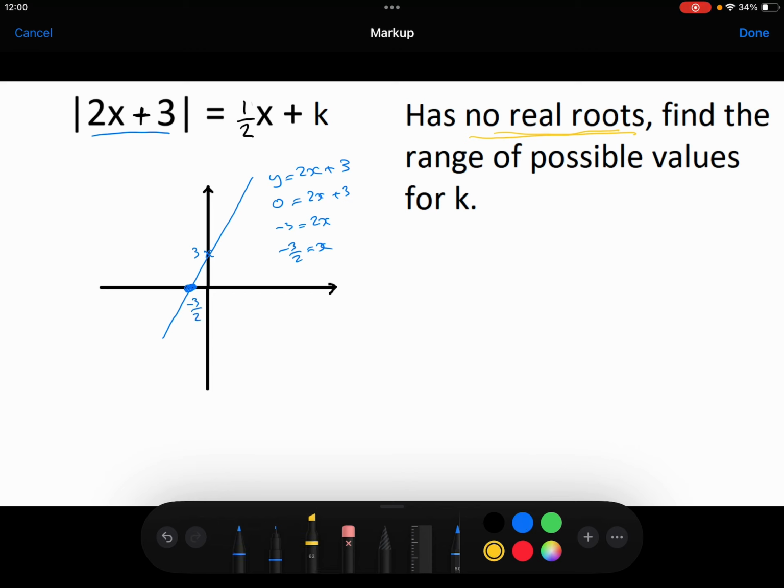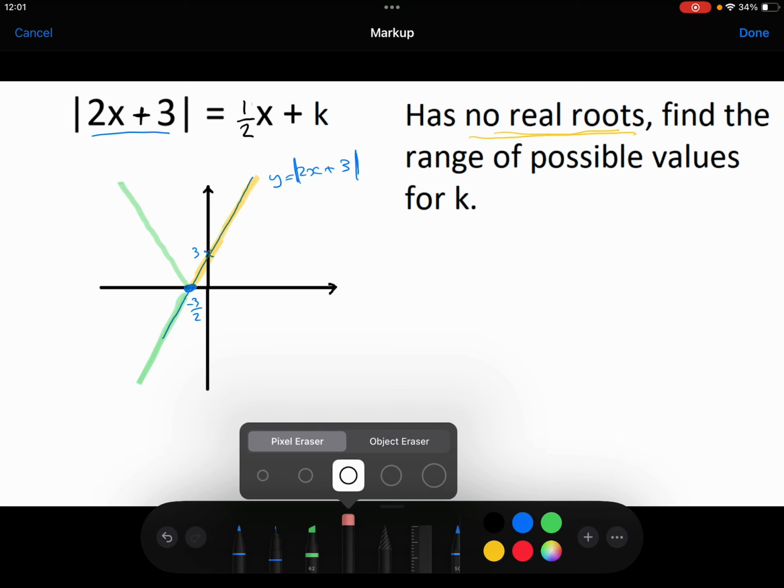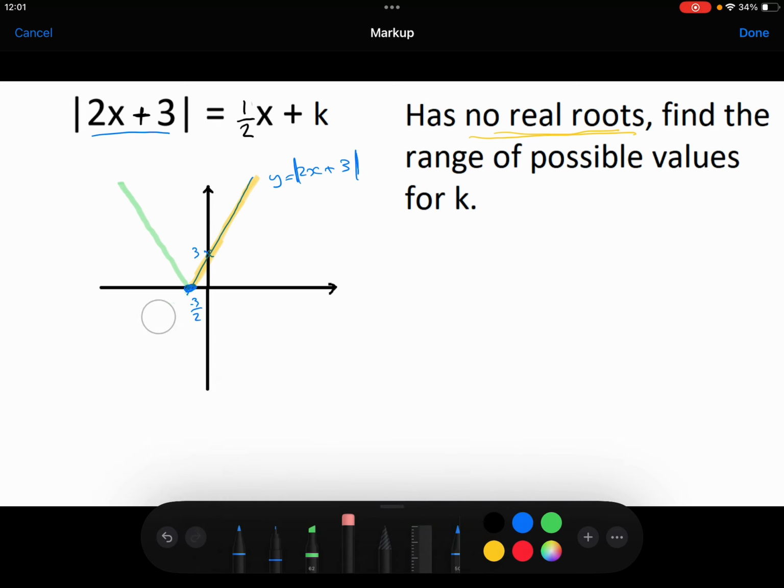I'm now going to apply the modulus to that. This part of the graph completely unaffected because it's already positive. This part of the graph here will get multiplied by minus 1, and so we'll move up there. Right. So that's the modulus part of the graph.